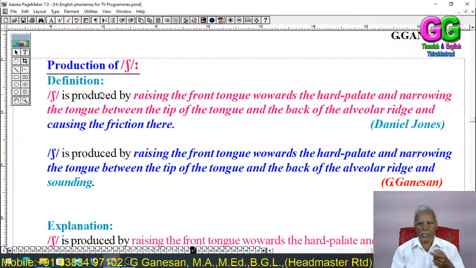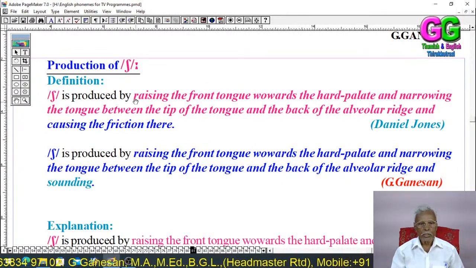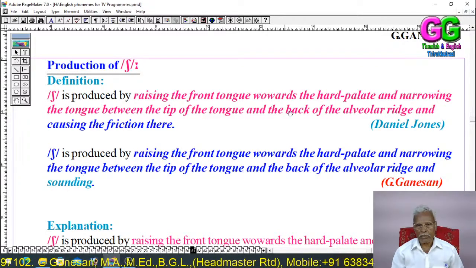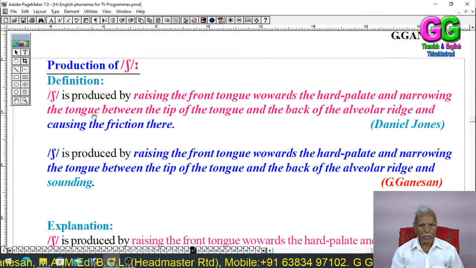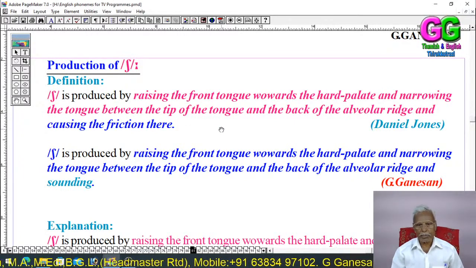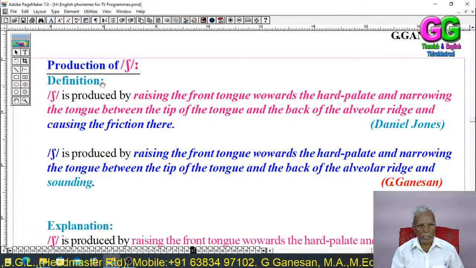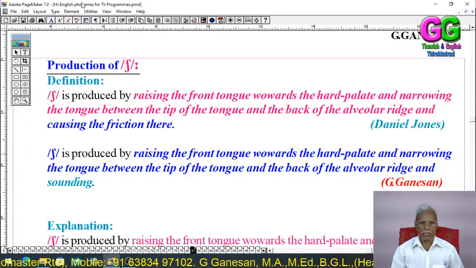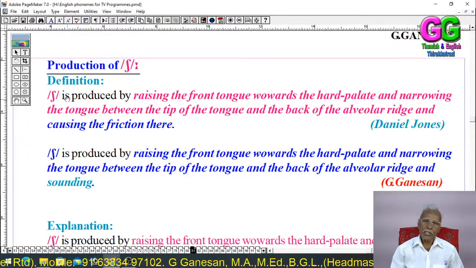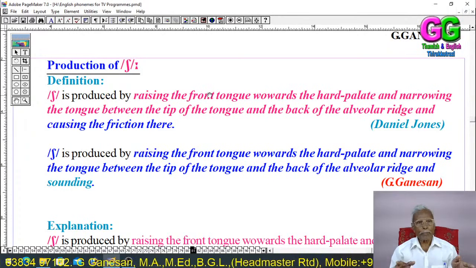Daniel Jones, definition of Daniel Jones. /ʃ/ is produced by raising the front tongue towards the hard palate and narrowing the tongue between the tip of the tongue and the back of the alveolar ridge and causing the friction there.